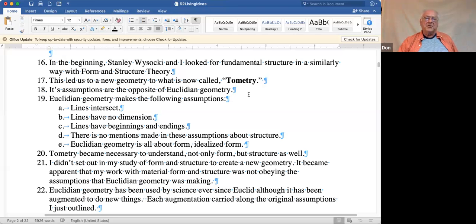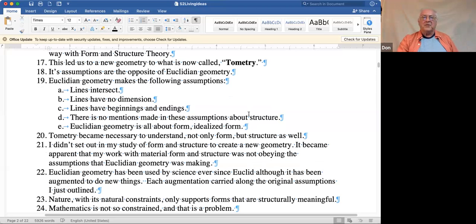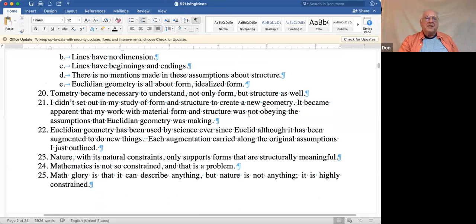And there is no mention made in these assumptions about structure. Euclidean geometry is all about form, idealized form. They considered it perfection. Tometry became necessary to understand not only form, but structure as well. I didn't set out in my study of form and structure to create a new geometry.